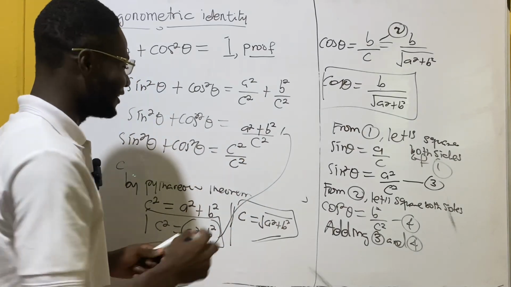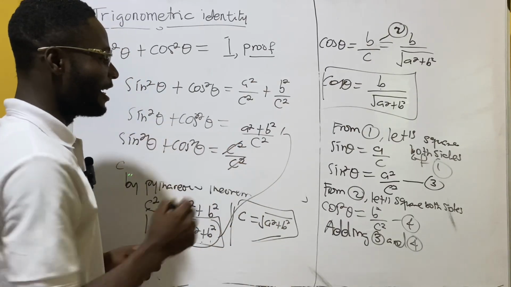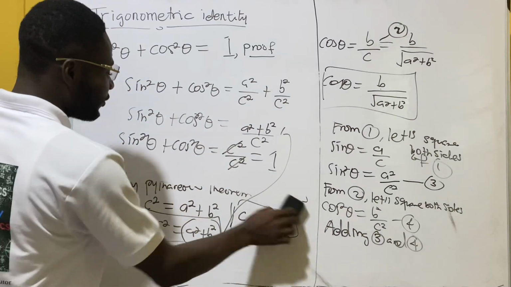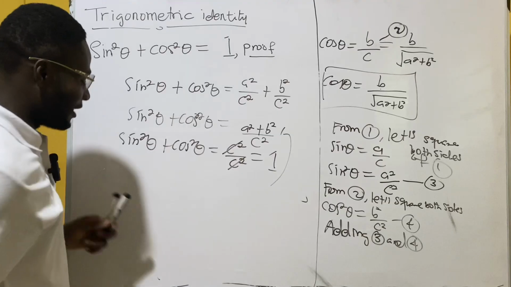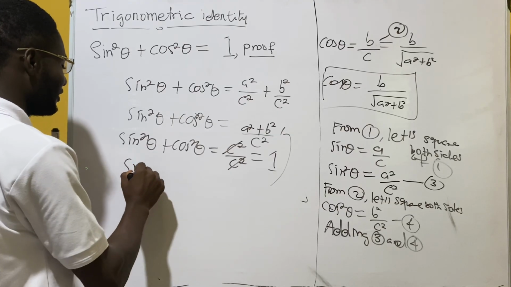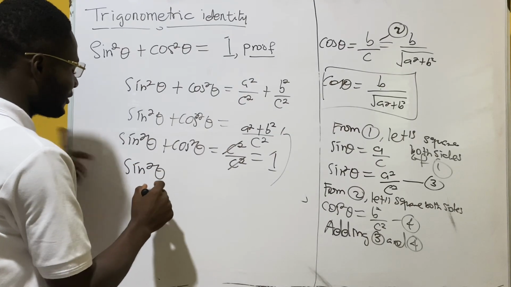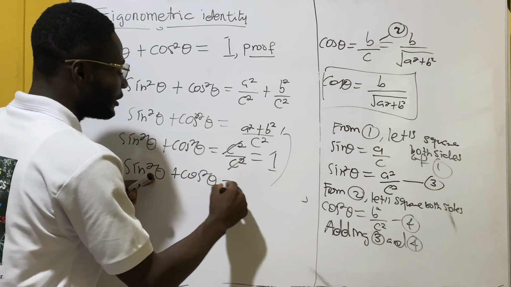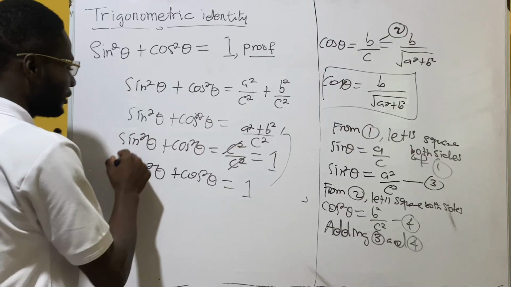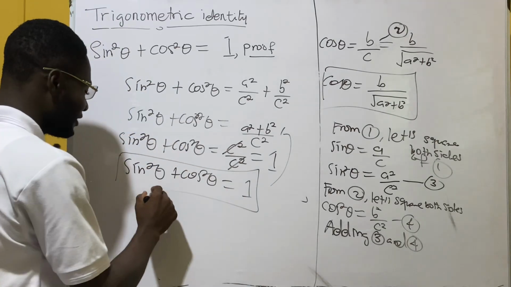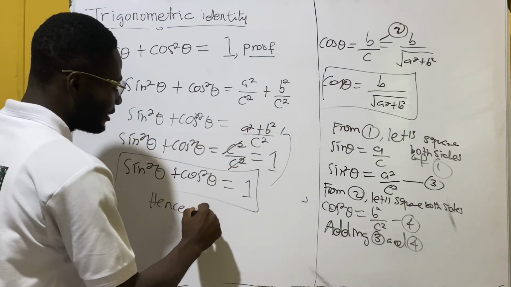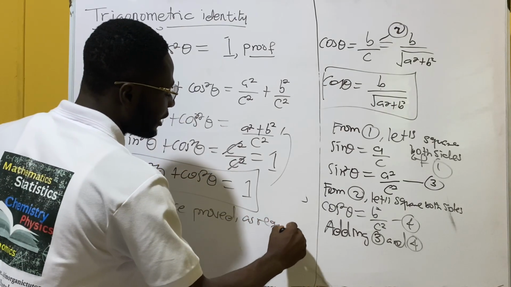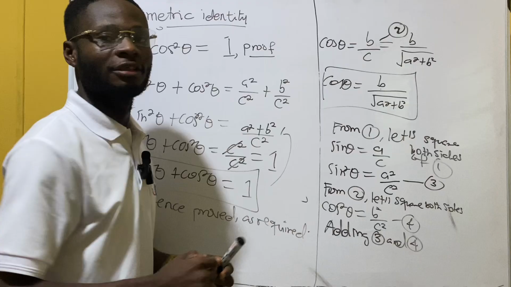That is interesting, right? So this cancels this, and we have that equals 1. So swift. So that is basically telling us that sine squared theta plus cos squared theta is equal to 1. Hence proved as required.